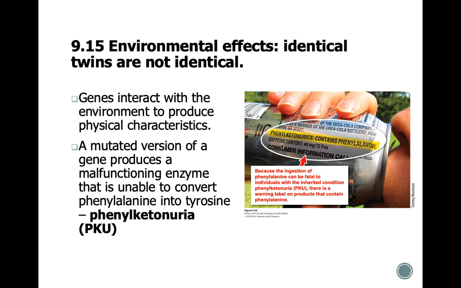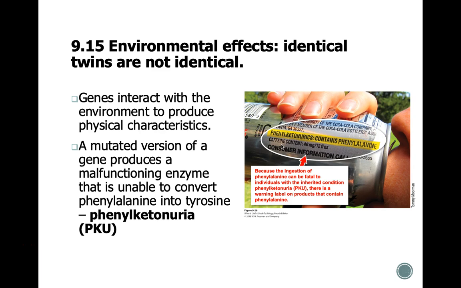This is kind of like an allergy warning. This condition results from the inability to convert the amino acid phenylalanine into tyrosine. So this disease is an inability to perform a metabolic activity.